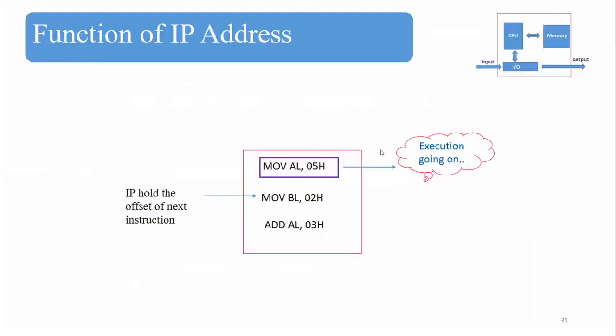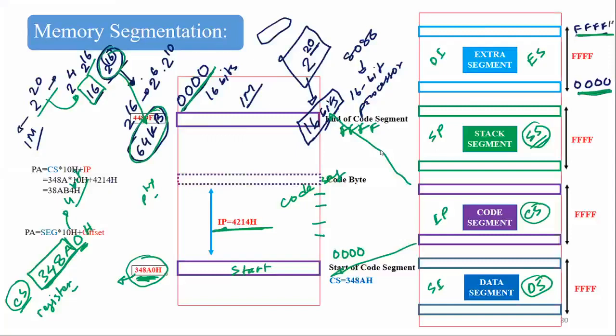These are the pointers by which we can determine which location, from 0000 to FFFF, we are accessing. In the code segment, the IP starts from 0000 to FFFF. Let us say we have data in the code segment at 4214H.